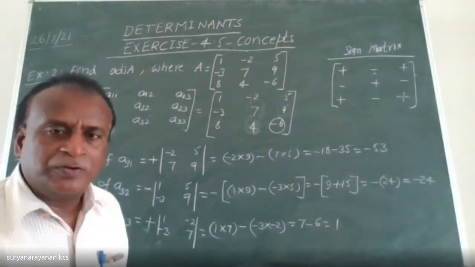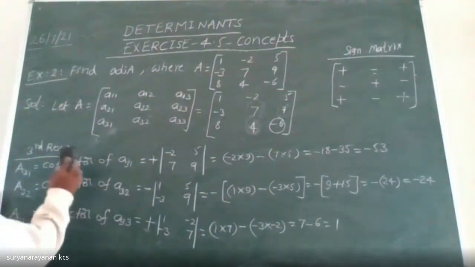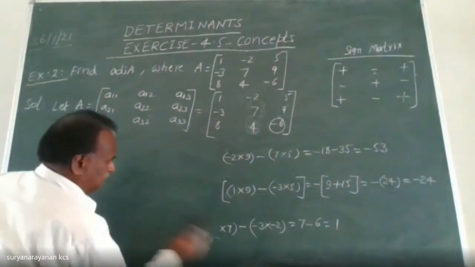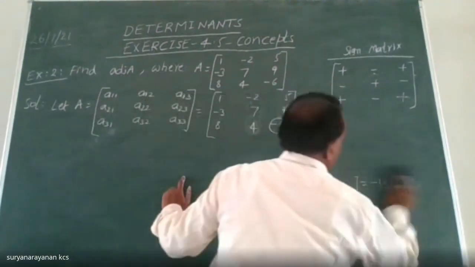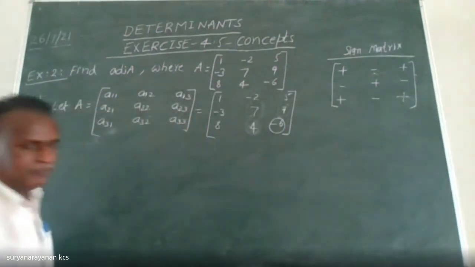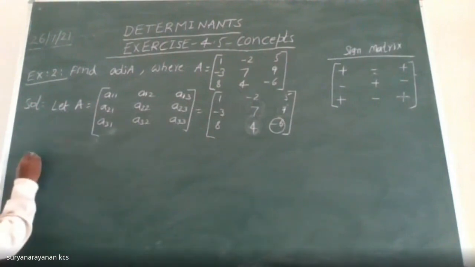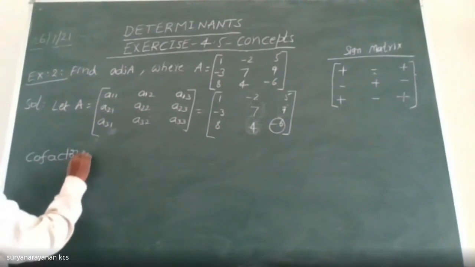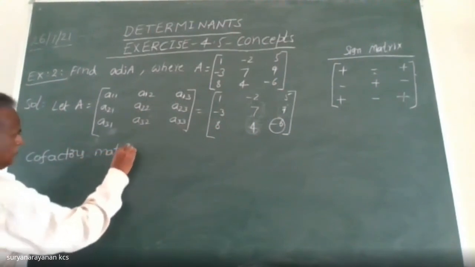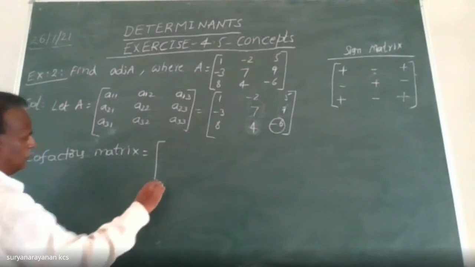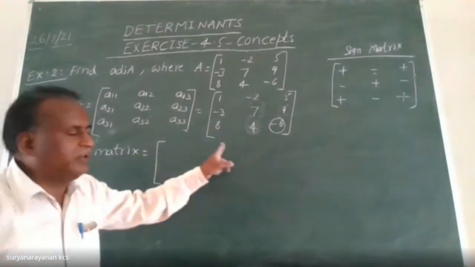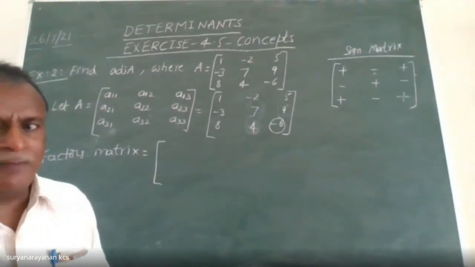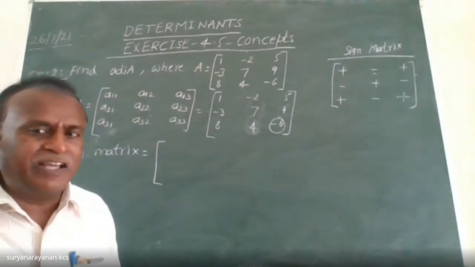Now let us write the cofactors matrix. We got 9 elements, cofactors. Cofactors matrix means what we have found. Write them. What are the 3 cofactors of the elements in the first row? Tell me fast.